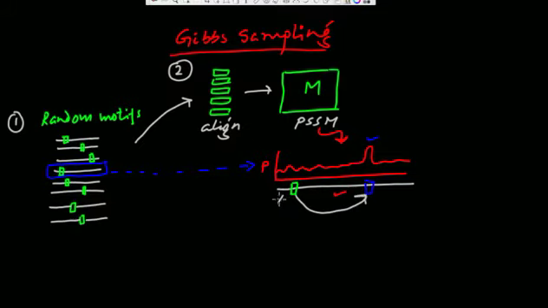So this is not my motif anymore, this is my motif. This is what I did with one of the random sequences. Then after reassignment, this is very important, I put this sequence back. Okay, so place back.